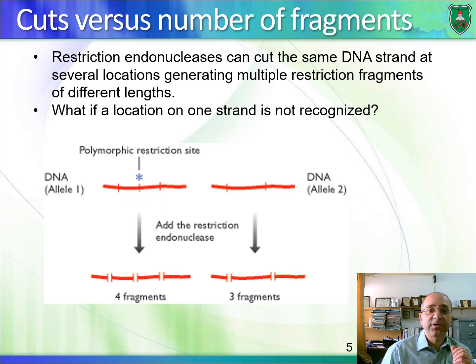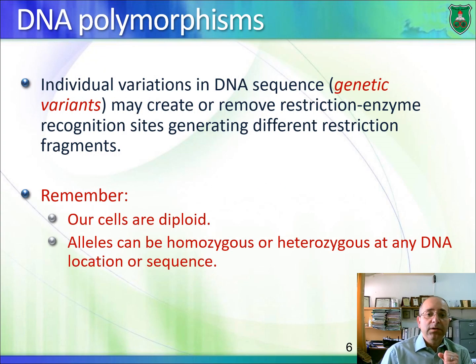Now that's a variation. This is what we call polymorphism. Morph means shape, poly means multiple. So there are multiple shapes of the DNA fragments. So these are the differences among human beings, amongst us all.